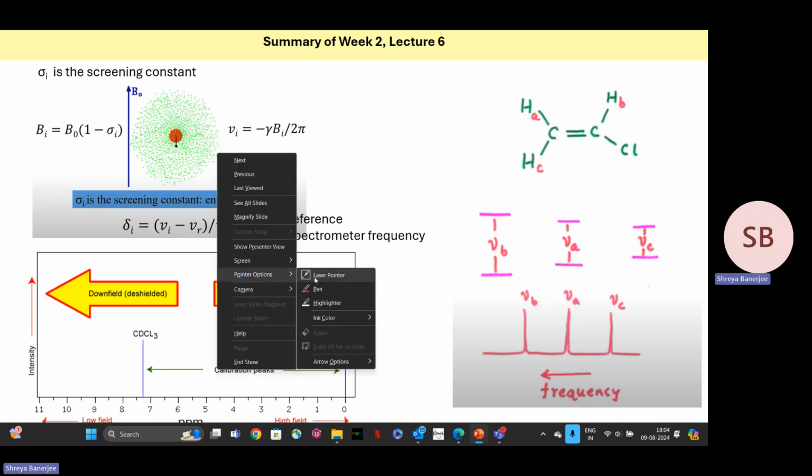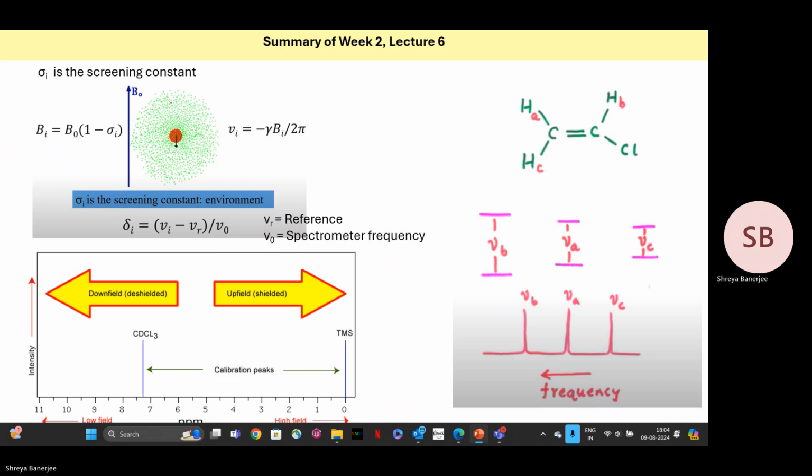Why this happens is because the electrons are negatively charged particles, and they are moving. So moving charged particles generate a field, and this field will be in the opposite direction to the external field.